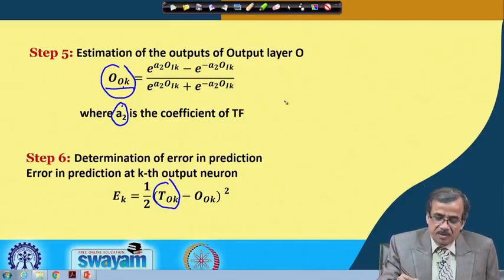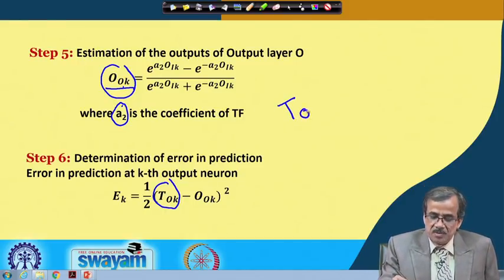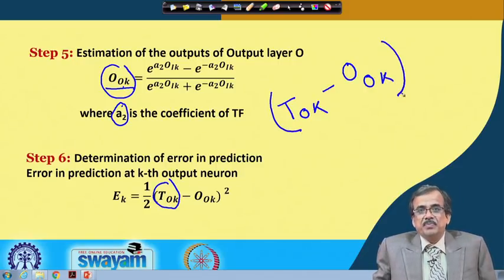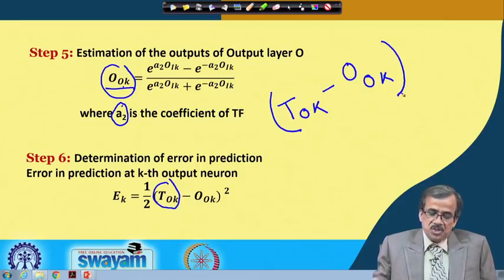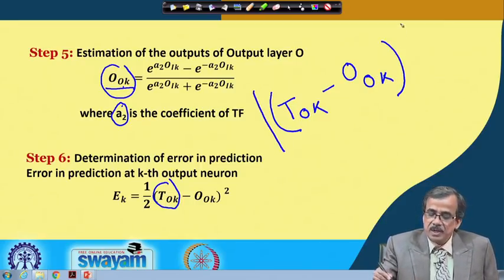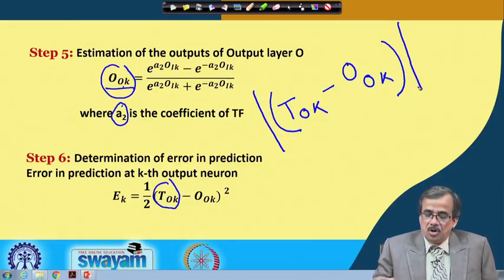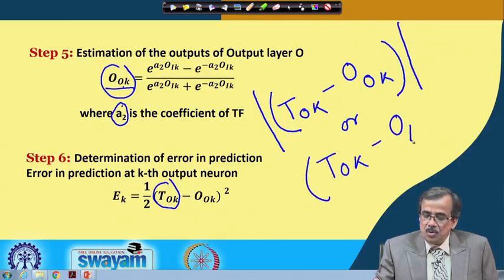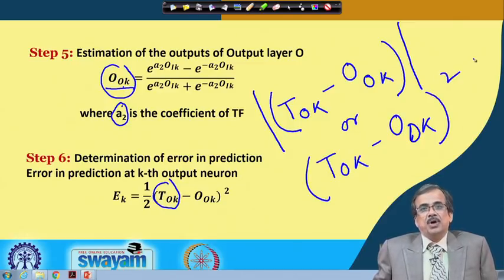Now, this difference could be either positive or negative, and to make it positive, we either consider the mod value of this, or we consider (TOK minus OOK) squared, just to make it positive.